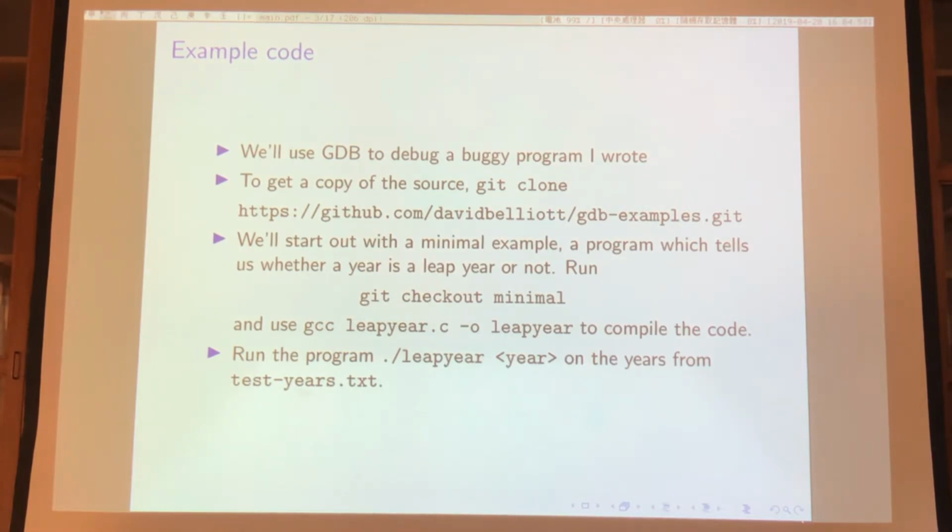All right, have all of you cloned the code? I'll take it as a yes. Next, you'll run git checkout minimal. This will start us out on the branch that has a minimal example that will get us started with Gdb.